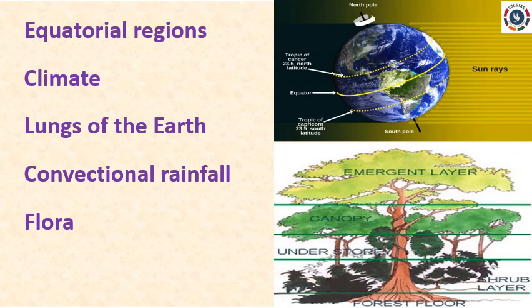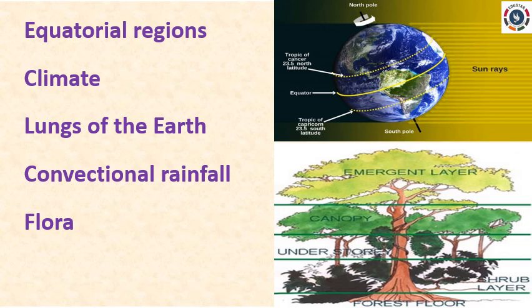And the third layer is known as the understory. Small trees, shrubs and creepers grow in this layer. Many animals such as birds, monkeys, tree frogs and a variety of insects live in this layer. Last is the lower layer.